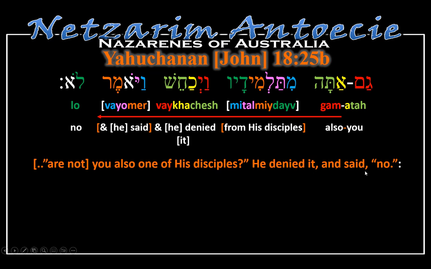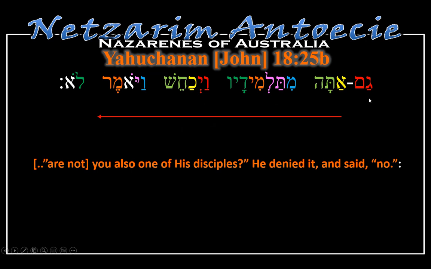He denied it and said, No. So that's the first time he denied it. And then we read it. Gam, ata, mitalmidav, ve kachesh, vayomer, lo.